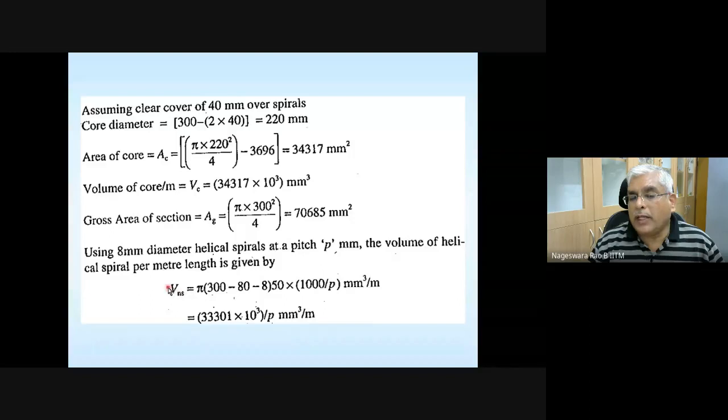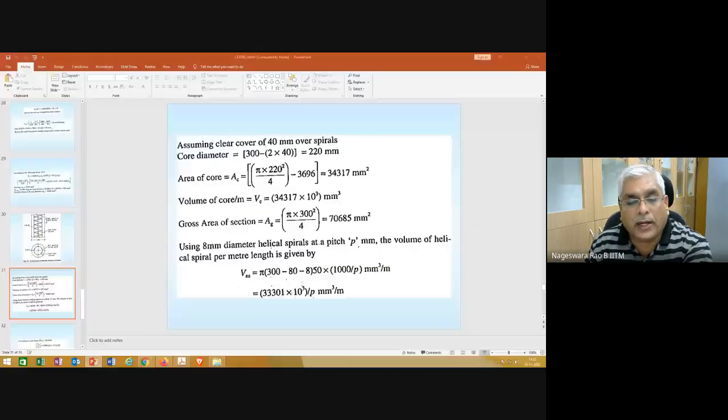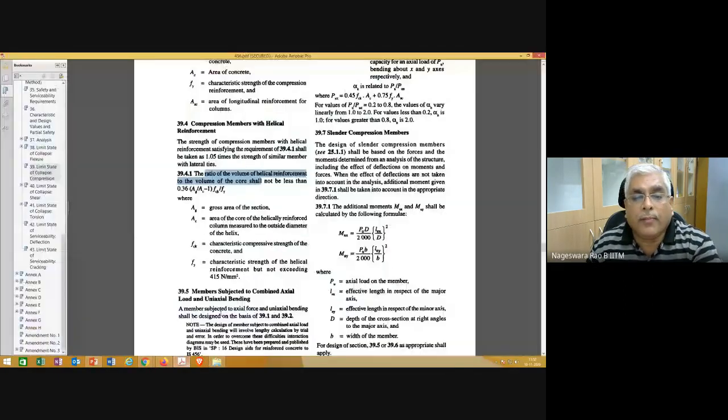So that is the volume of helical reinforcement per meter, and this is the volume of core per meter. And now we are ready to make use of this.